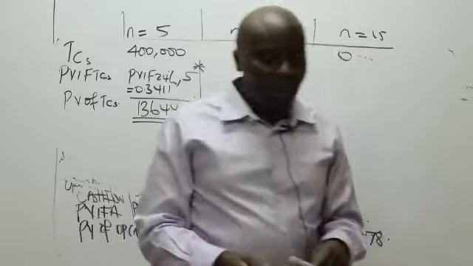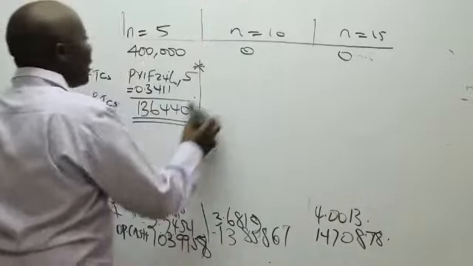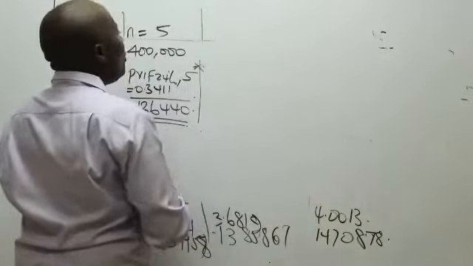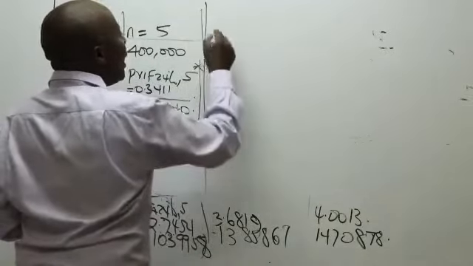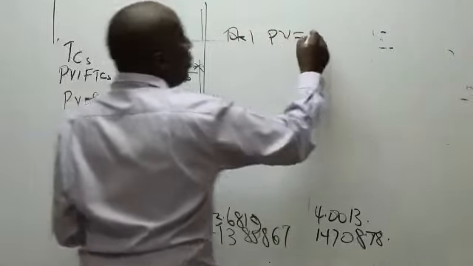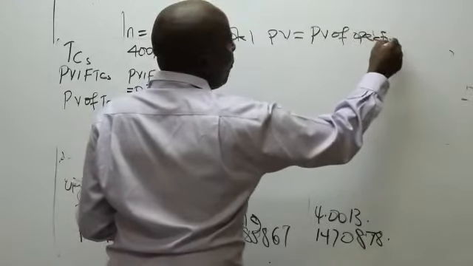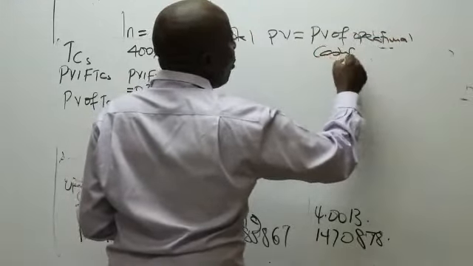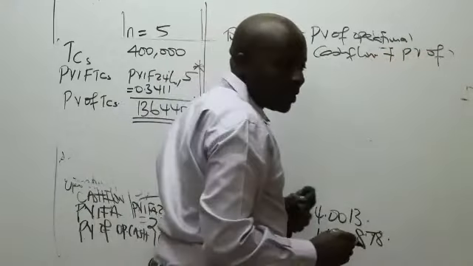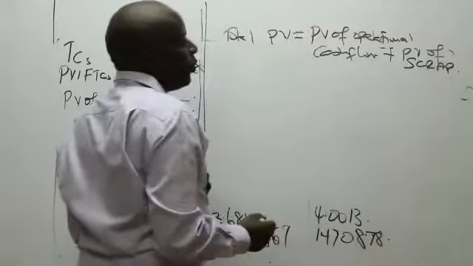What they're telling me now, I understand. These are bright students. They are telling me, Mwalimu, you know what? We are very bright. What we do is to come here and ascertain the total present value, which will be the present value of operational cash flow plus present value of scrap of the terminal cash flow.